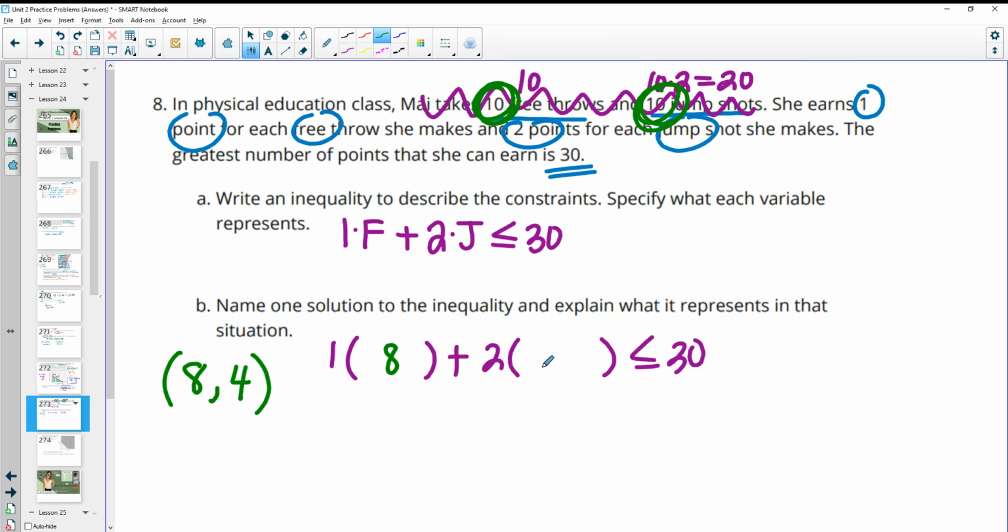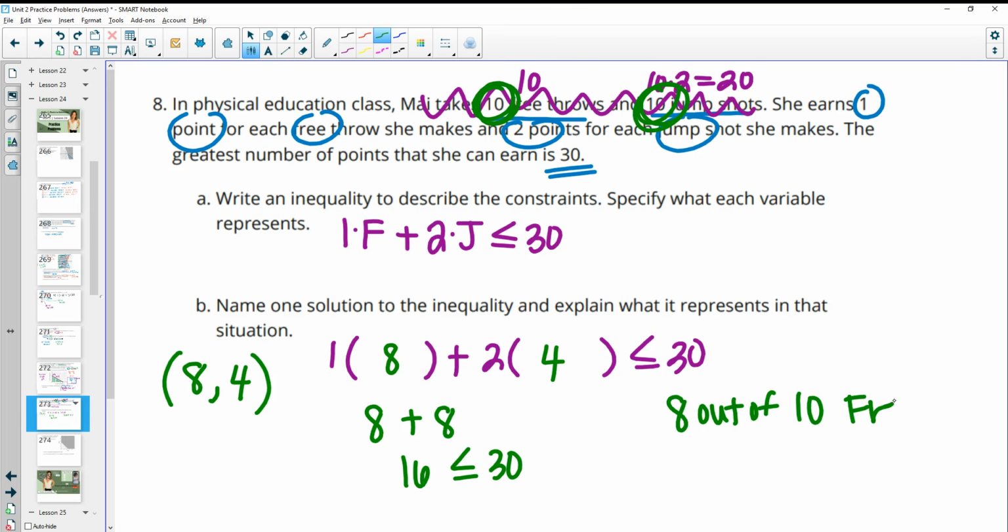So she made 8 free throws and 4 jump shots in mine. So that's saying she made 8 points for the free throws and 8 points for the jump shots, which was 16, which is less than or equal to 30. And what it means is she made 8 out of 10 free throws, and she made 4 out of 10 jumpers.